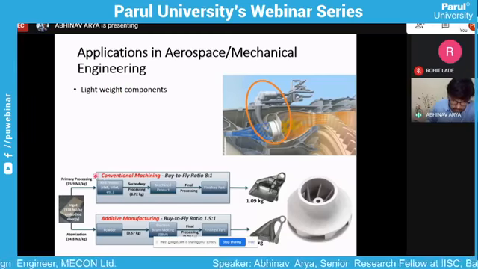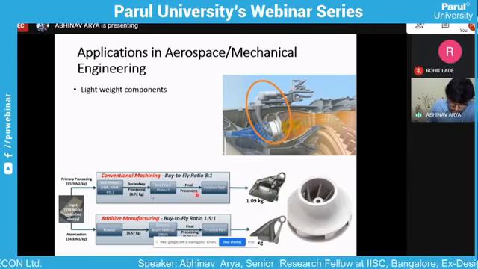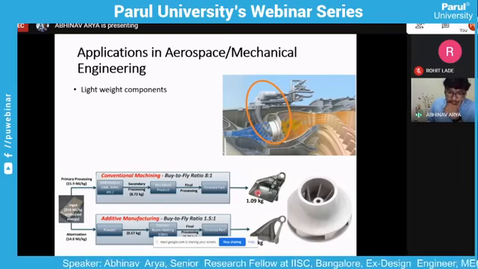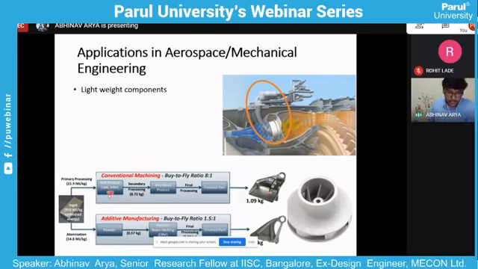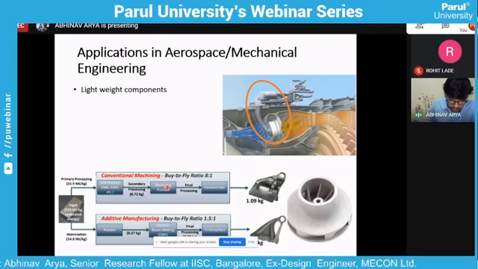Let's say I want to design this bracket. If initially I have this ingot and I make this component from the conventional route, first I'll be doing milling, then machining, and then the final finished product.